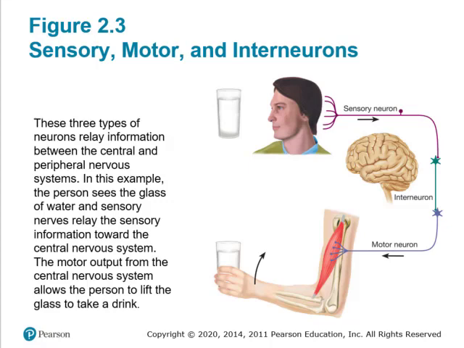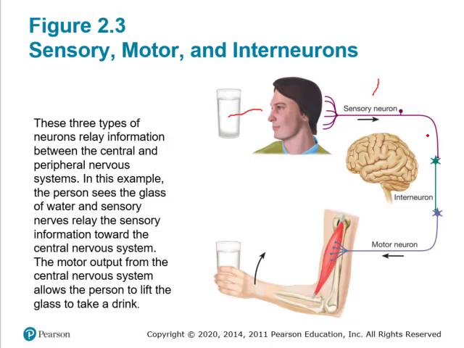So there are 3 types of neurons. There are sensory neurons, motor neurons, and interneurons. The flow of information shown in this illustration goes as follows. A person sees a glass of water, right? You see this glass of water. A signal from the sensory neuron passes to the interneuron.